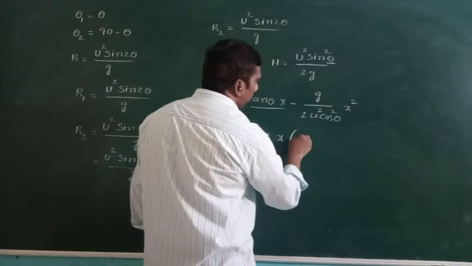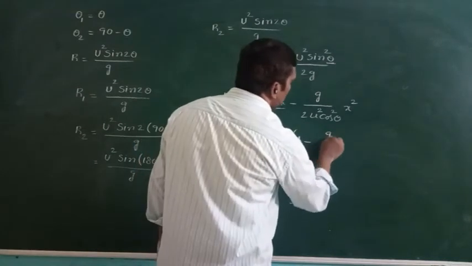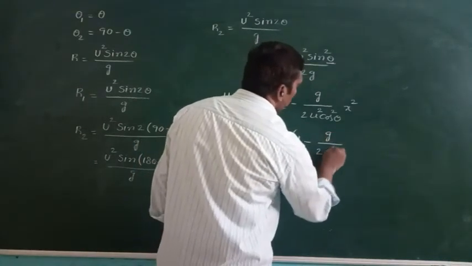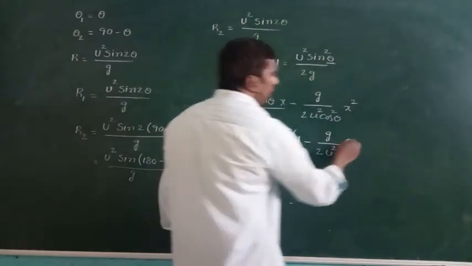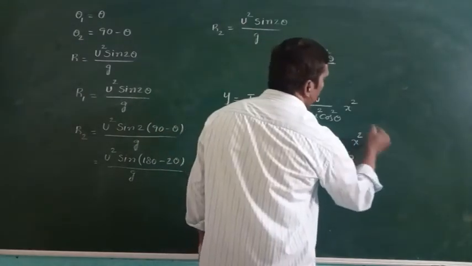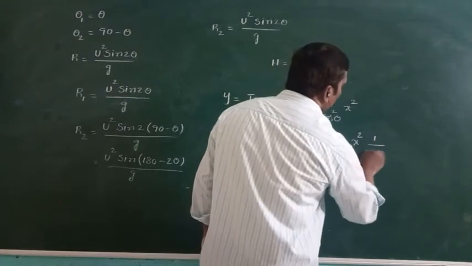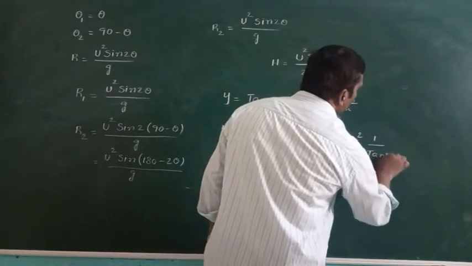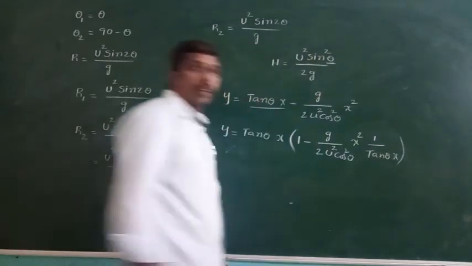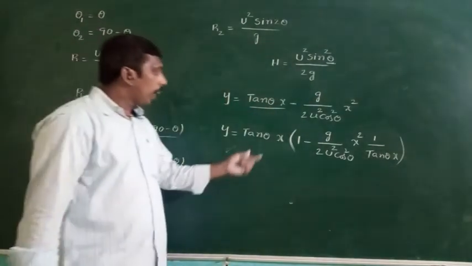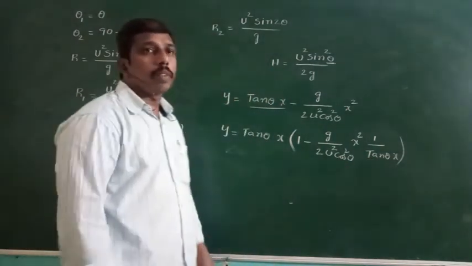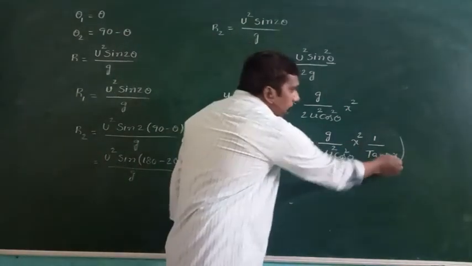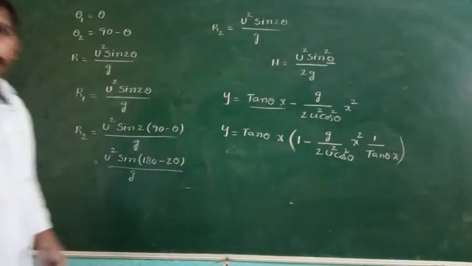In the bracket we can write 1 minus g by (2 u square cos square theta) into x square into 1 by (tan theta into x). Why? Because we took tan theta into x common, that's why the denominator tan theta into x will come. Here one x gets cancelled.